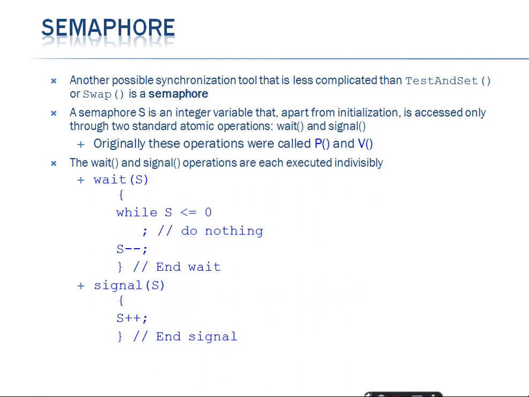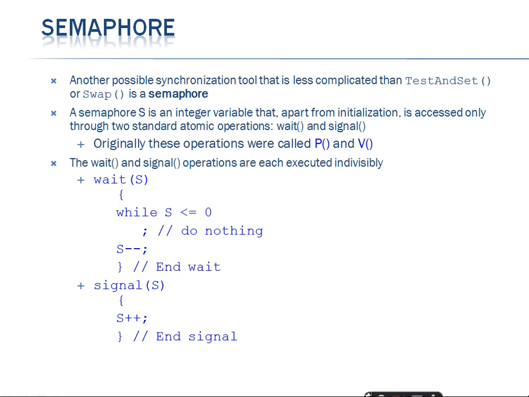A semaphore S is an integer variable that, apart from initialization, is accessed only through two standard atomic operations, that is wait and signal.